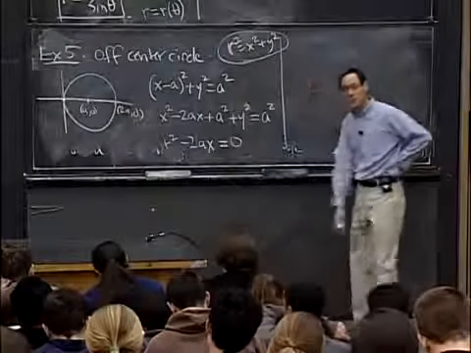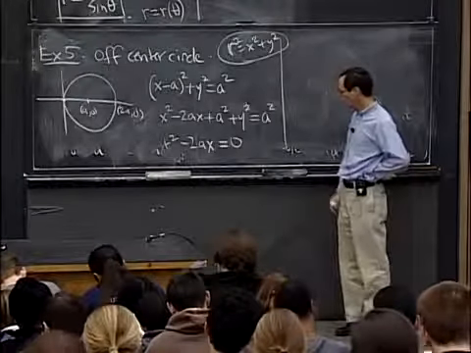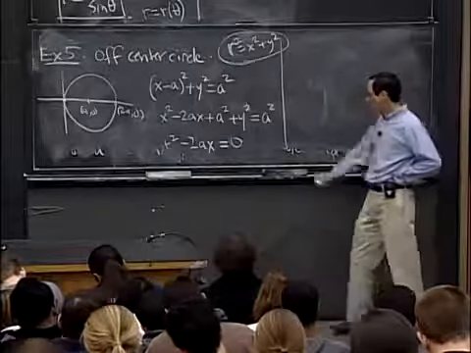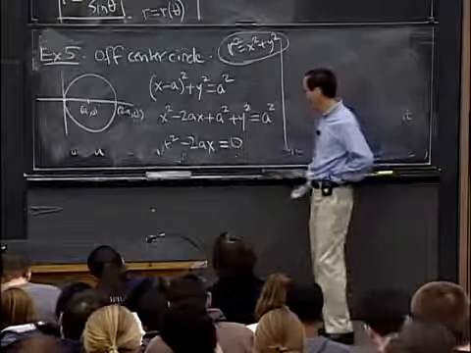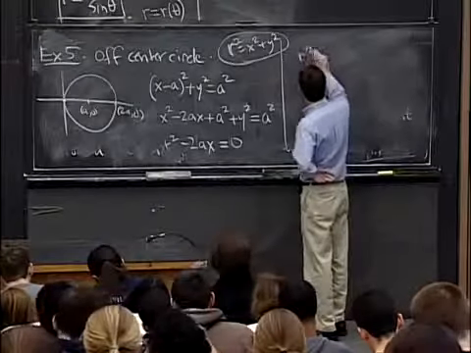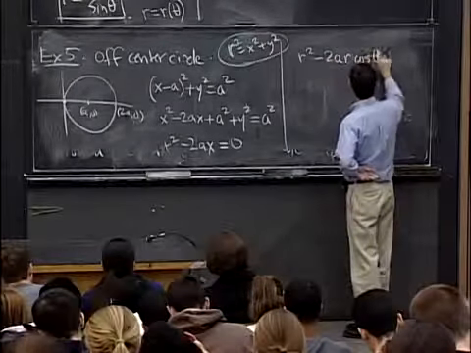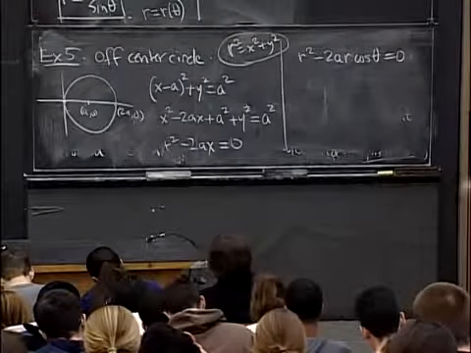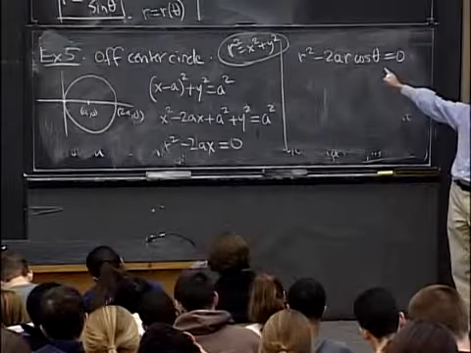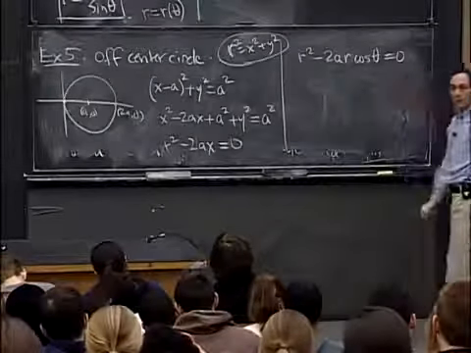All right, so I'm doing this the rapid way. You can do it by plugging in, as I said. So now that I've simplified it, I am going to use that procedure. I'm going to plug in. So here I have r^2 - 2a r cos θ = 0. I just plugged in for x. As I said, I could have done that at the beginning. I just simplified first.